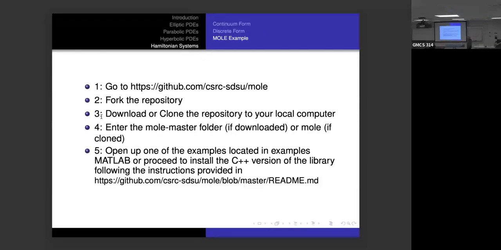But here is the repository, for those of you who haven't already used MOL. You fork the repository, clone the repository, enter the MOL master folder, and open the examples. We do have a lot of examples in MATLAB, and we are building more and more in C++.